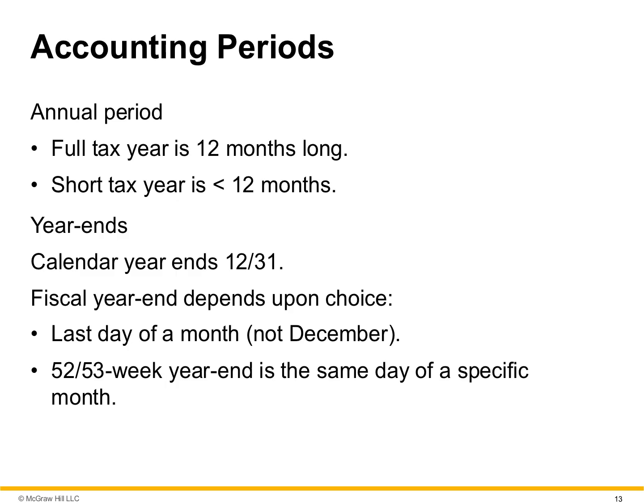So the example that the textbook provides is if a business adopts a 52/53 week fiscal year, they could adopt a fiscal year where it ends on the last Saturday in July of each year, or it ends on the Saturday closest to the end of July, with that Saturday potentially falling in August rather than July.